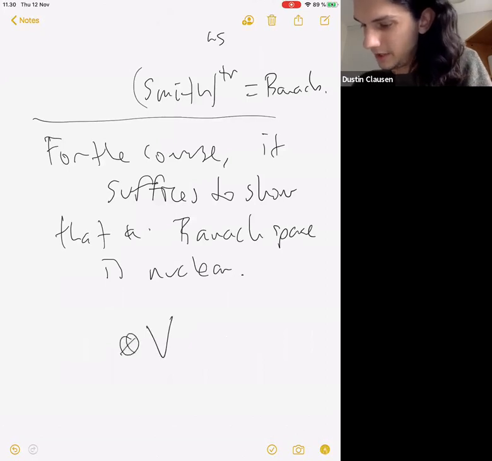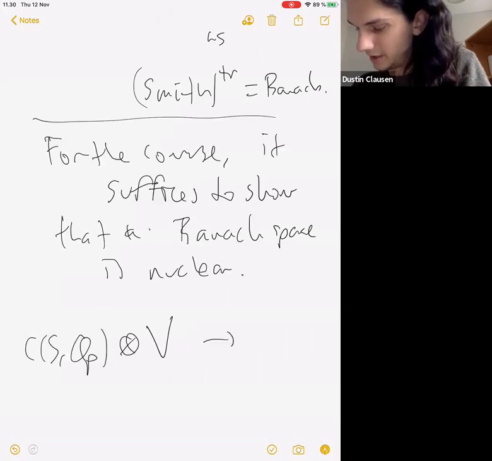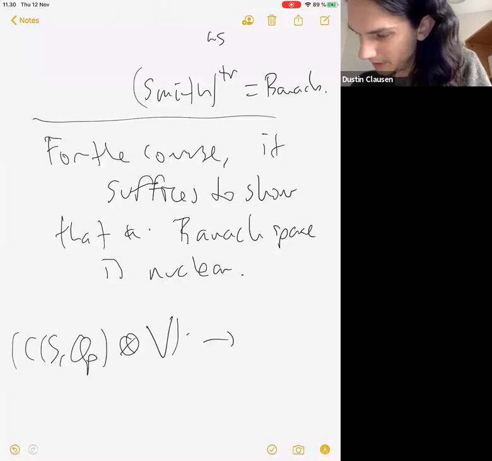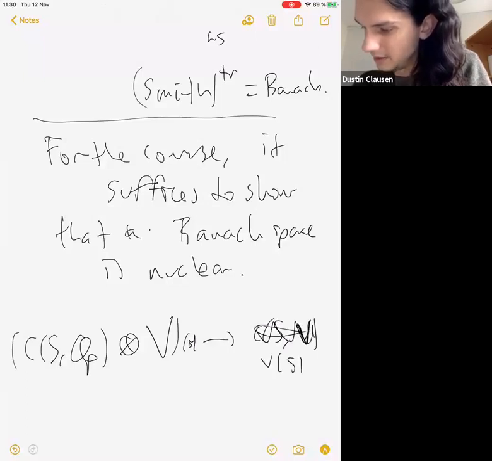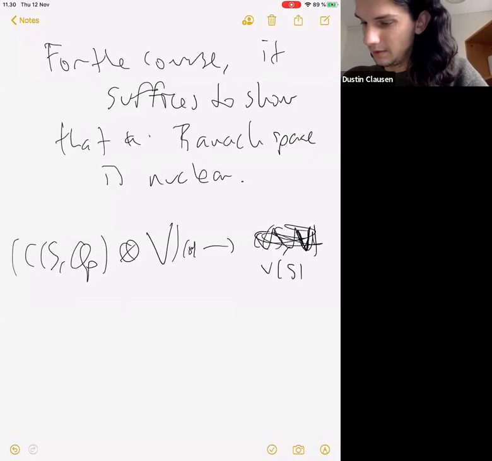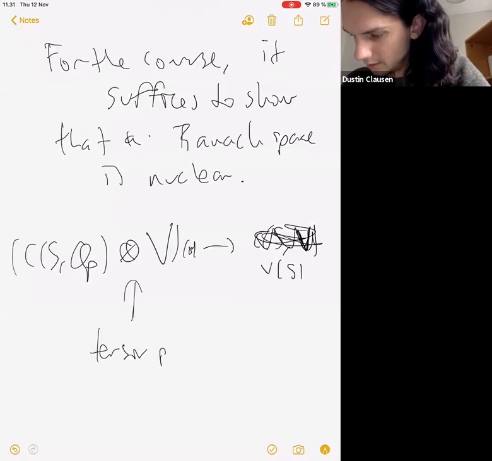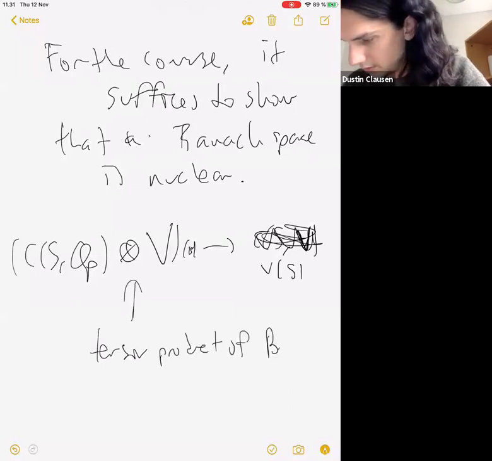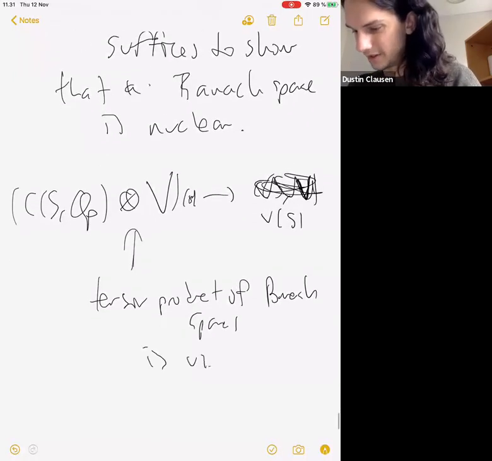Well, we need to take V and tensor it with continuous functions on S with values in QP, and we need to compare this, on the base point at least, to the continuous functions on S with values in V. But this is a tensor product of Banach spaces. So it's the usual tensor product.